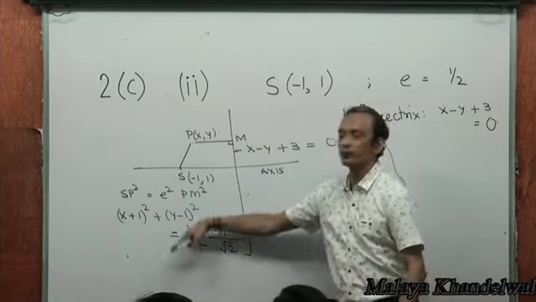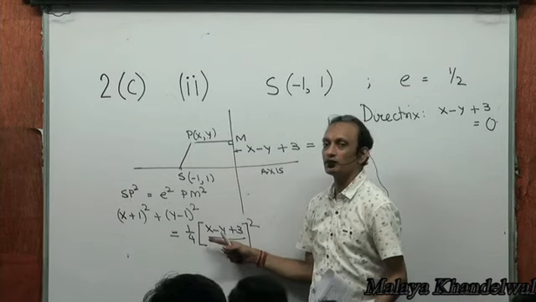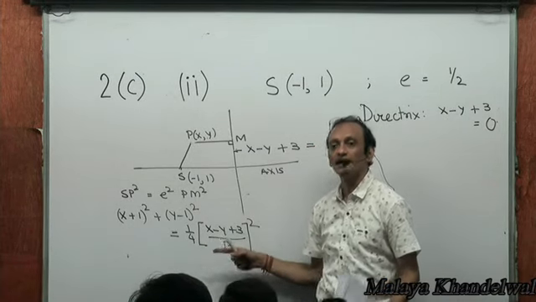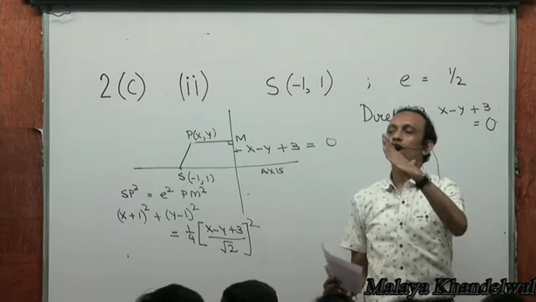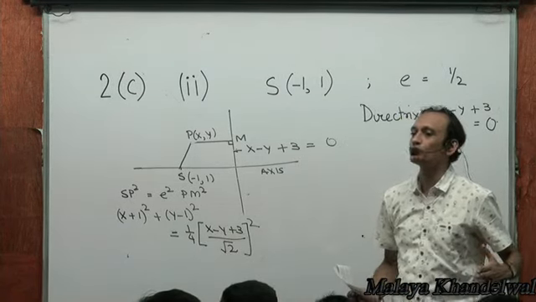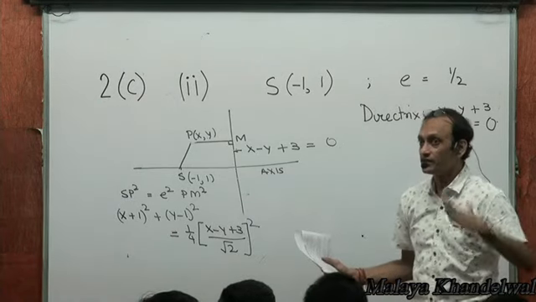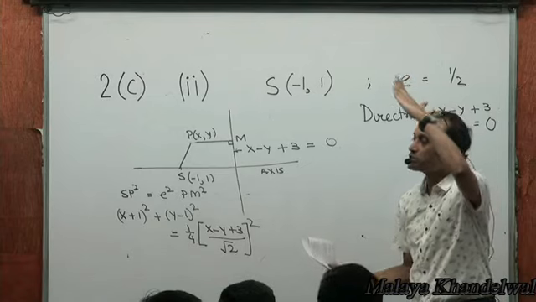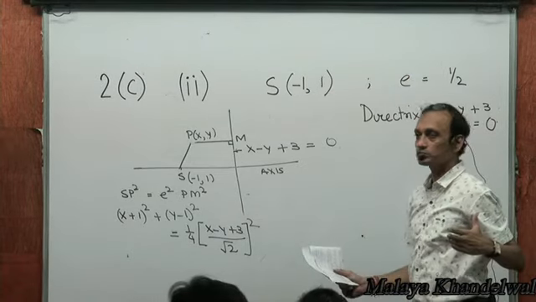Now you can cross multiply. Now this will have everything in place. It will have an x squared term, a y squared term, an xy term, and an x term and a y term, everything. So in a general sense, it's an ellipse whose axes are neither parallel to the x-axis nor parallel to the y-axis, not parallel to the coordinate axes. This is an ellipse whose axis is an oblique axis. Clear?